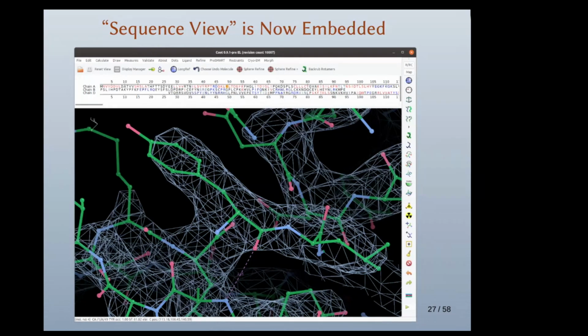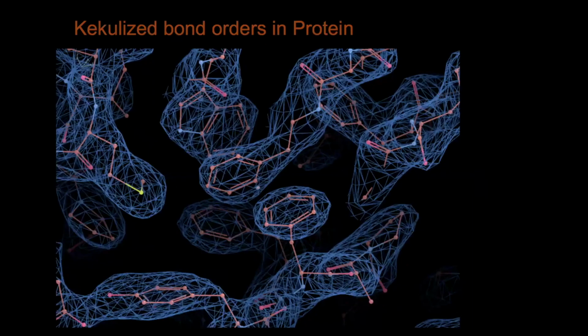Right, something that I've been resisting for a long time, 10 years, was using bond orders in the protein. I didn't think it would be useful, but having implemented it and lived with it for a couple of months, I rather like it. So there's a nice hydrophobic pocket in a protein. I think it's apoferritin, but I'm not sure.